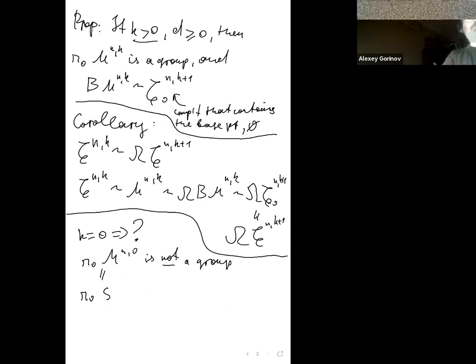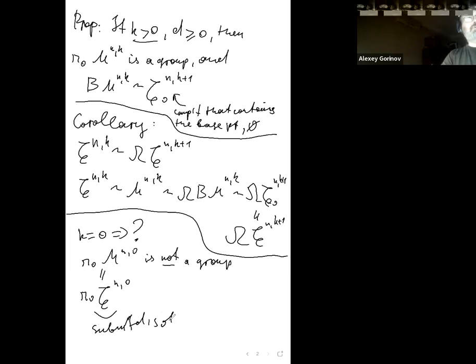To see why, let's take B of C_n,0. Well, what is C_n,0?